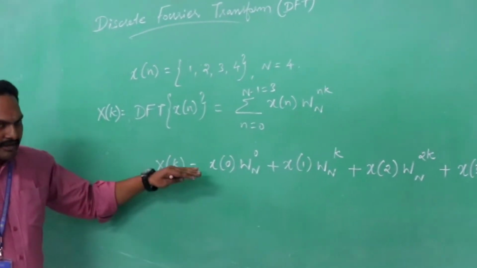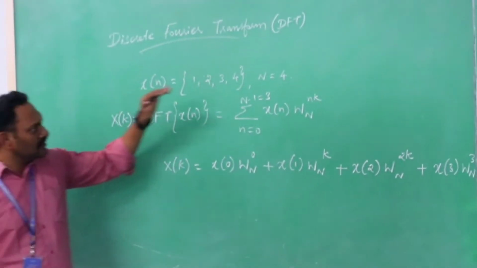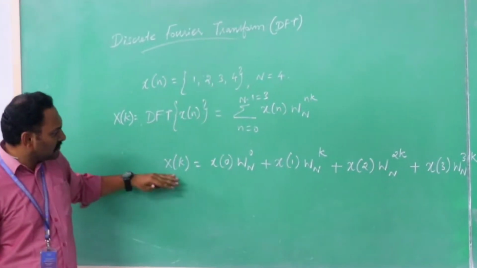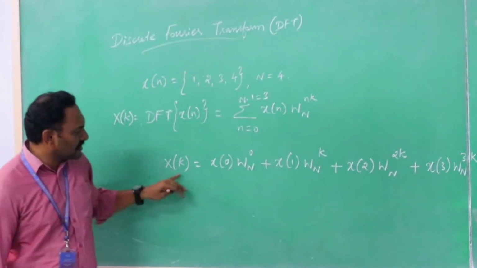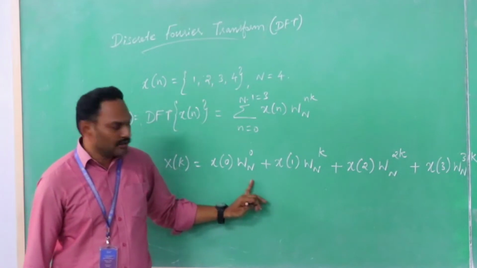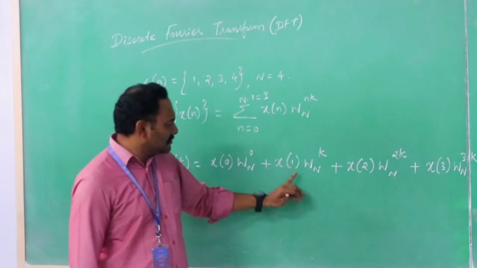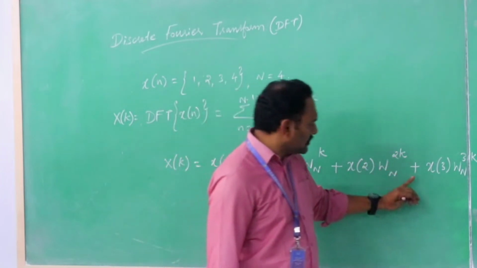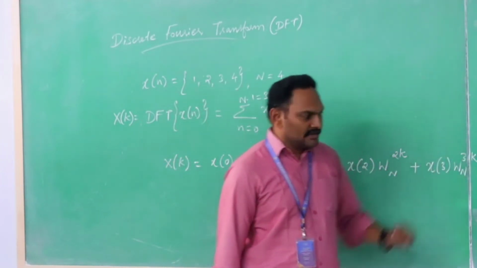For a simple 4-point computation using DFT, we have the expression X of k is equal to x of 0 W N to the power 0 plus x of 1 W N to the power k plus x of 2 W N to the power 2k plus x of 3 W N to the power 3k.